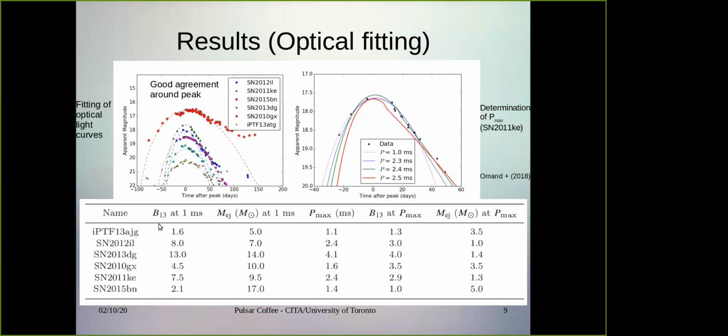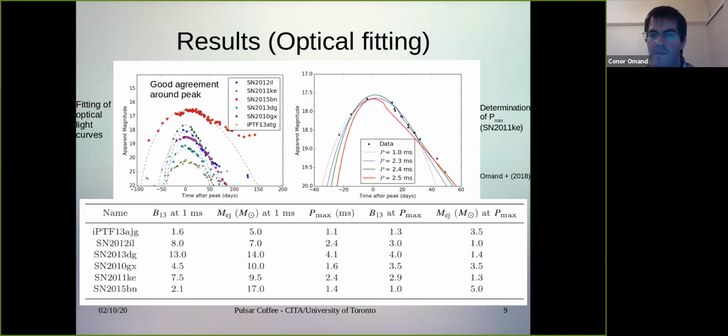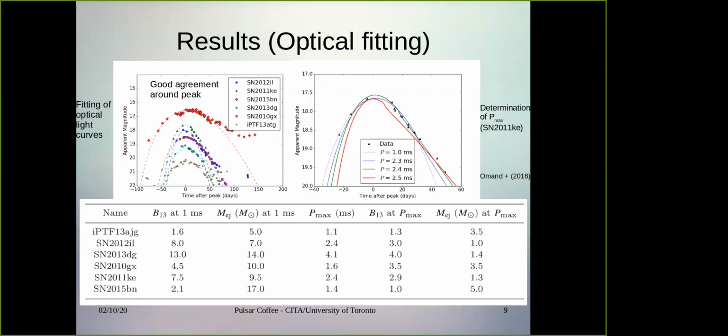Now, as you decrease the period, as you decrease the kinetic energy of the neutron star, you get the same energy out by making it spin down faster, which is why you've got a bigger field for the longer periods. Yes. However, when you're fitting the data, the spin down time also changes.